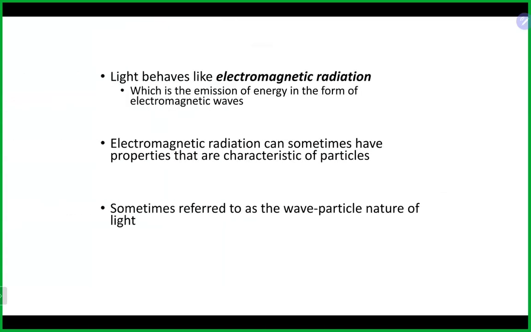Now, light behaves like electromagnetic radiation, which again is that emission of energy in the form of these electromagnetic waves. Electromagnetic radiation can sometimes have properties that are similar to particles, and particles can also have wave-like function as well. So there's kind of a dual nature of light.